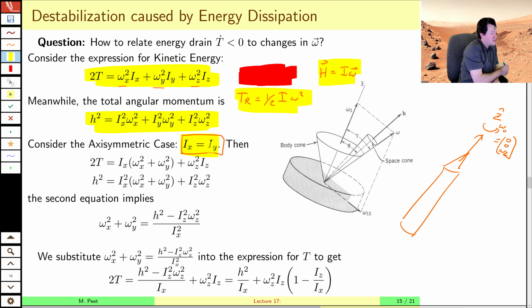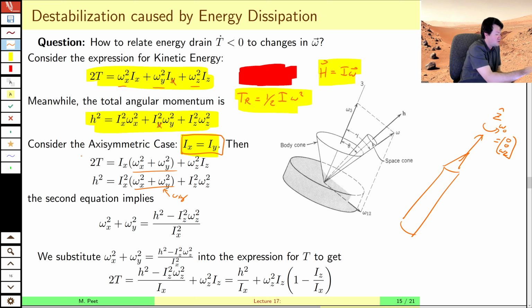Specifically, if now we cross out, oops, that's not Z, that's X. Make that X. Then we can pull the X component out of those two terms, and we have this omega X plus omega Y squared term here, which of course is omega XY. Well, we'd rather not talk about omega XY because it's just going to complicate life. So we're going to try and eliminate omega XY from these.